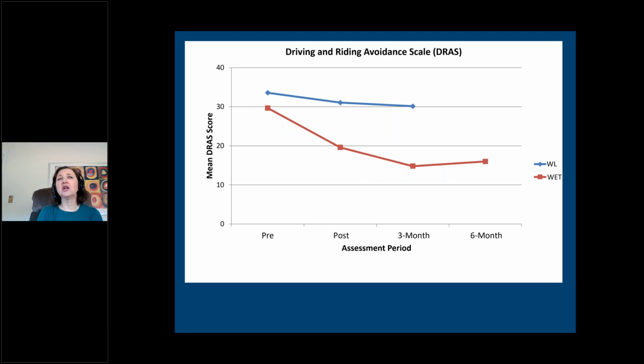And you can see this is a driving and riding avoidance measure that over time, people in the treatment condition, written exposure, had a significant reduction in their driving and riding avoidance behaviors. And that's pretty incredible since we weren't instructing them to do in vivo exposures or developing hierarchies. They were just spontaneously doing these exposures on their own.